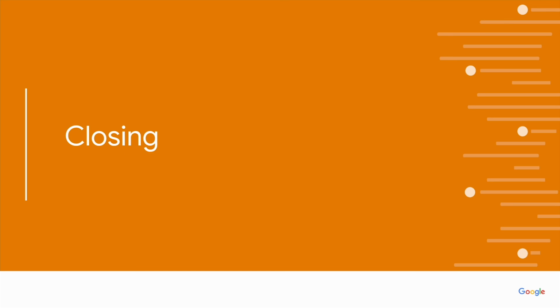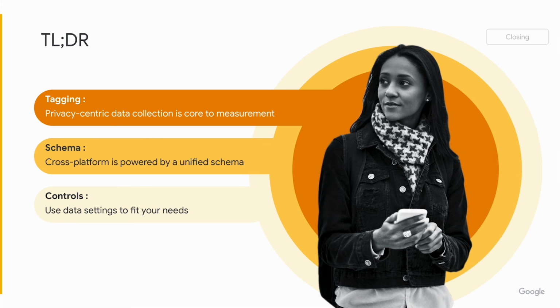So we've covered a lot of ground in this video. So what I'd like to do is wrap with a quick summary of what we've just covered. Starting with tagging. Tagging, like I said in the beginning of the video, is an instrumental part and a key foundational element of GA4 because it offers the building blocks that helps you understand how your users are interacting with your website or your app.